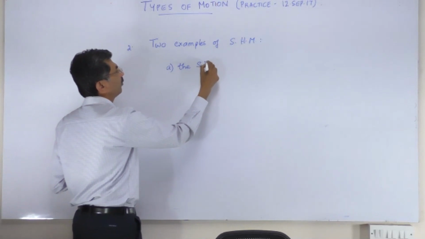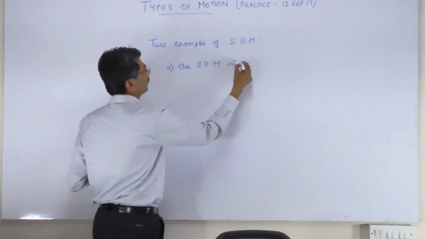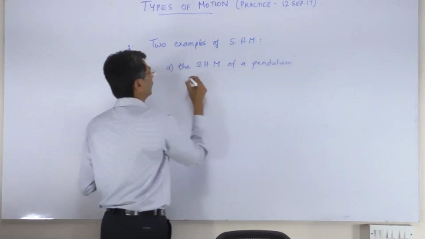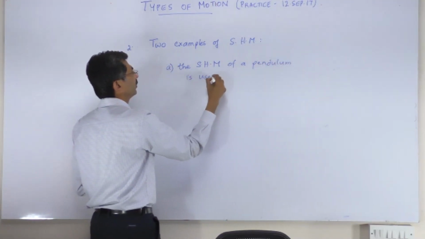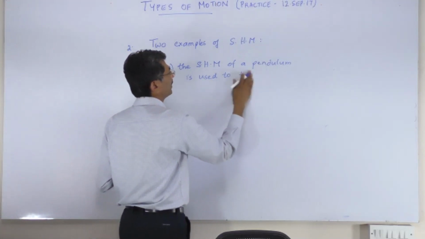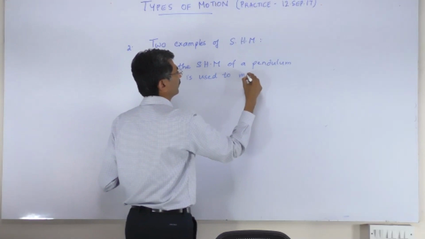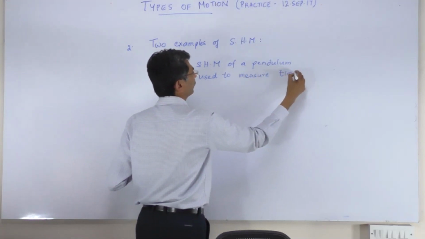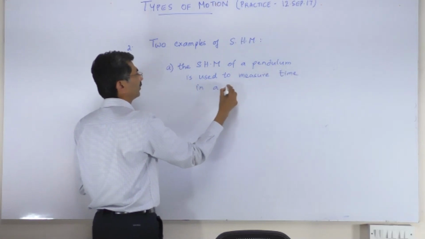The simple harmonic motion of a pendulum is used to track or measure time in a clock.